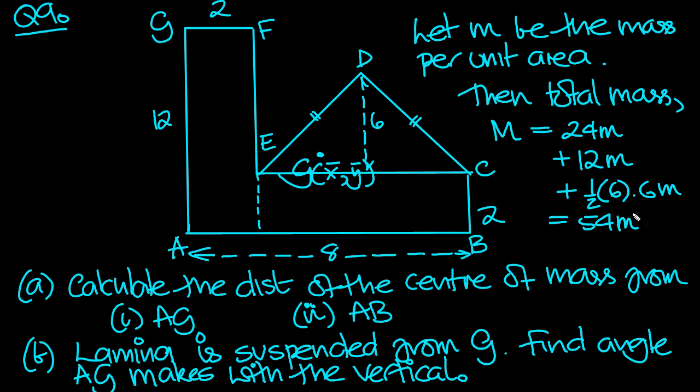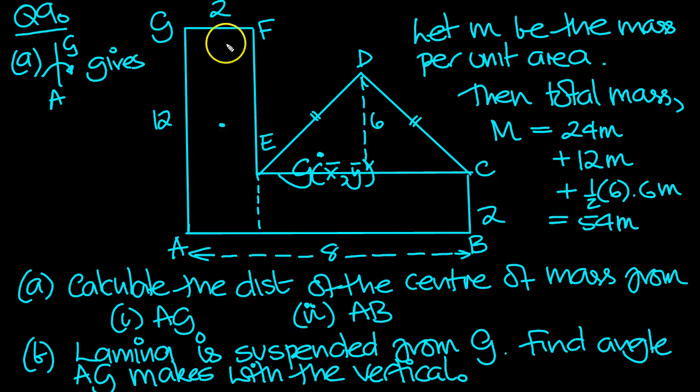of the composite shape. So calculate the distance of the center of mass. Taking moments about AG then, let's do that. Gives, okay, so for this shape here, the center of mass will be this distance.